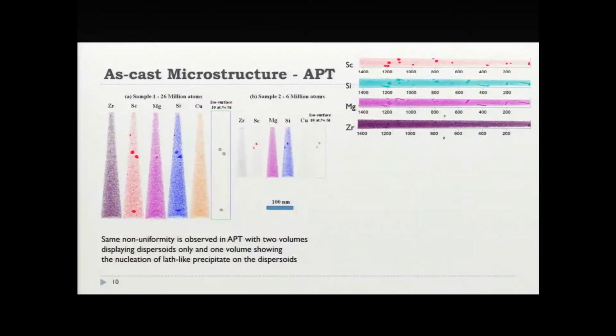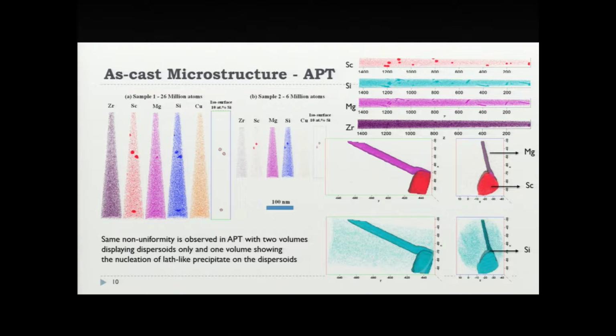The two volumes on the left are where we looked at the as-cast dispersoid composition. Since then, we had another volume from the same alloy, which was quite different, with a higher number density of dispersoids and also some magnesium-silicon phases. So we saw quite a lot of non-uniformity in the microstructure, which could be expected in an as-cast microstructure.